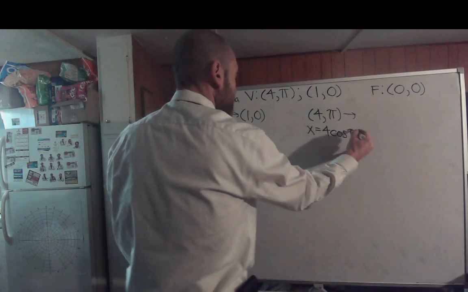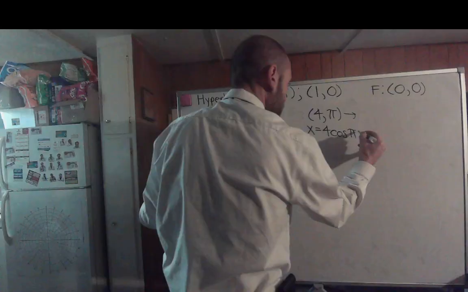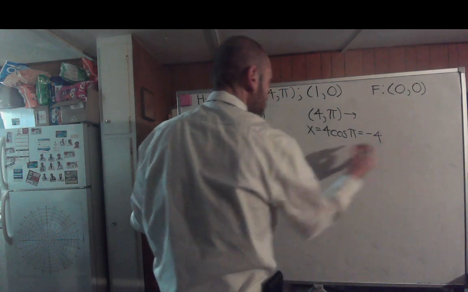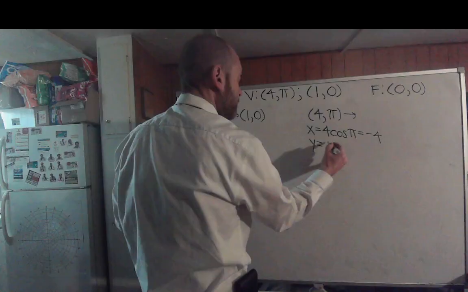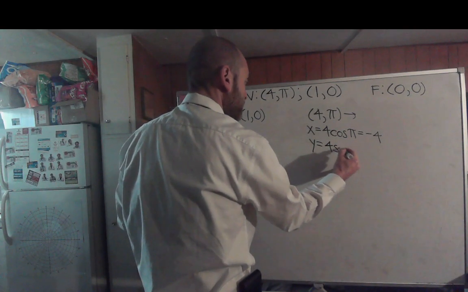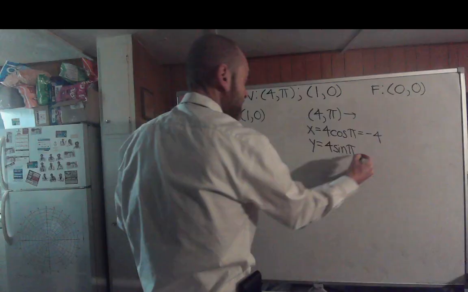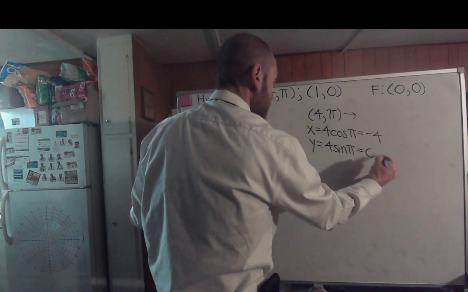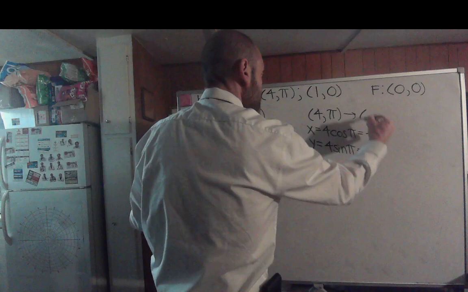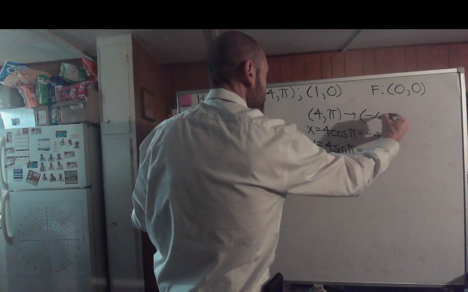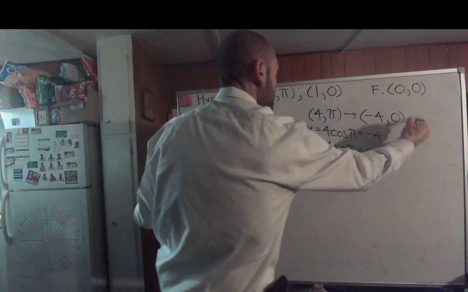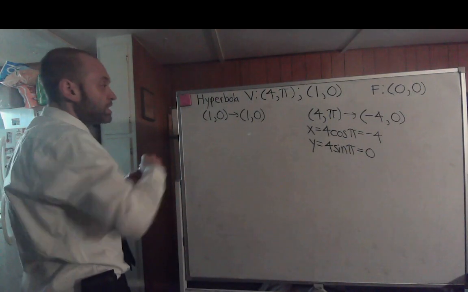Well, the cosine of pi is -1. -1 times 4 is -4. y equals 4 times the sine of pi. Well, the sine of pi is 0 times 4 is 0. So you actually end up with this rectangular coordinate being (-4, 0).